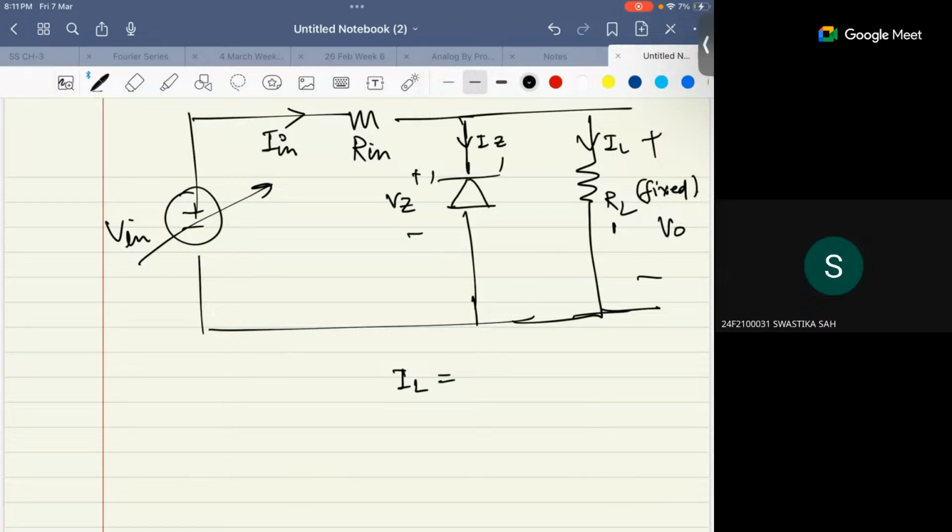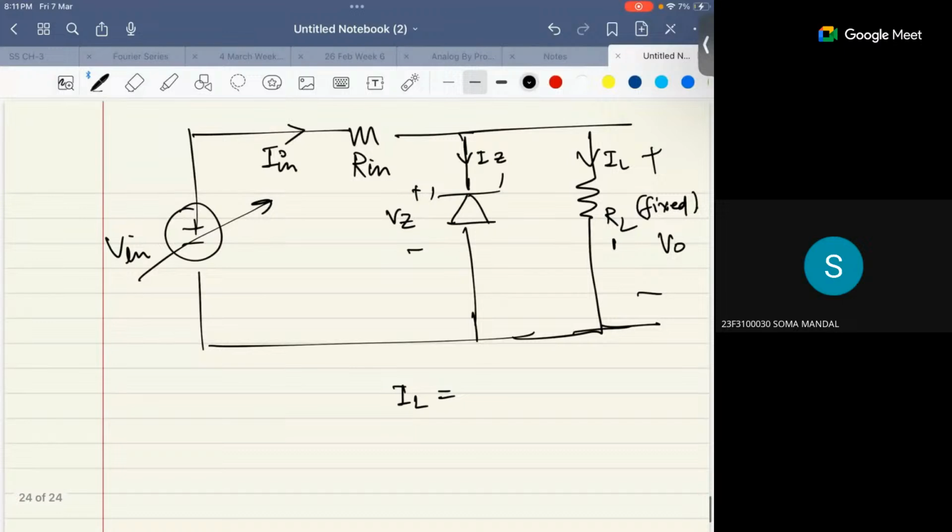I input minus IZ. That is fine. Now in terms of voltage and resistance, is it not VZ upon RL? Yeah, IL will be, correct, VZ by RL.